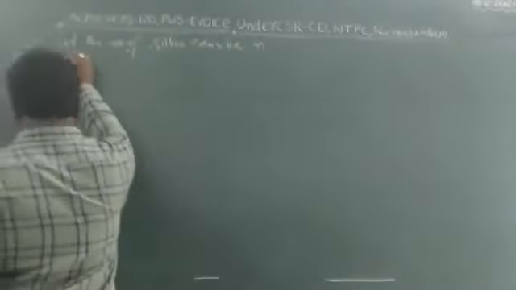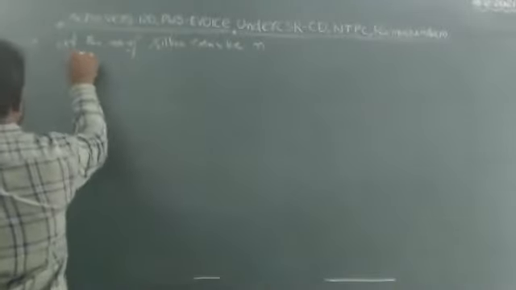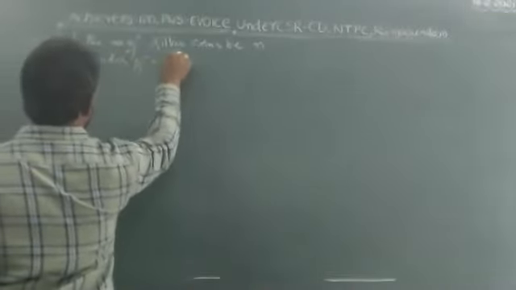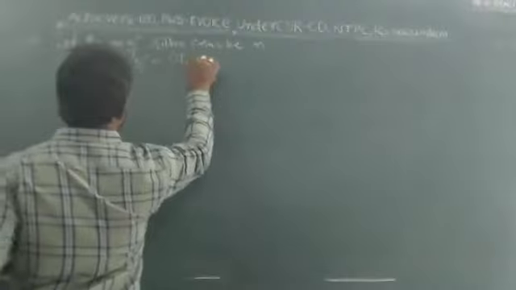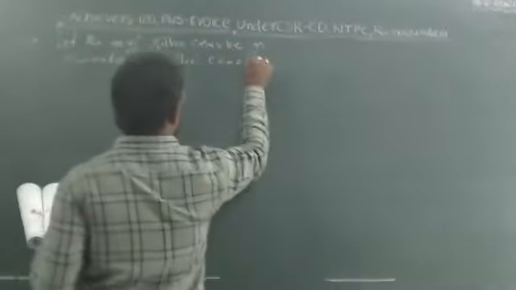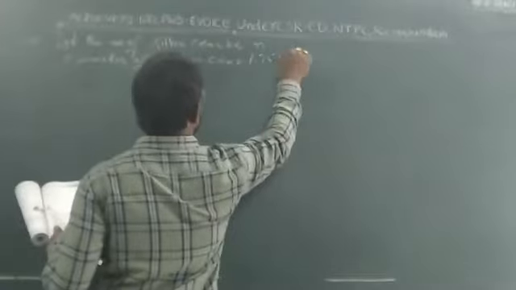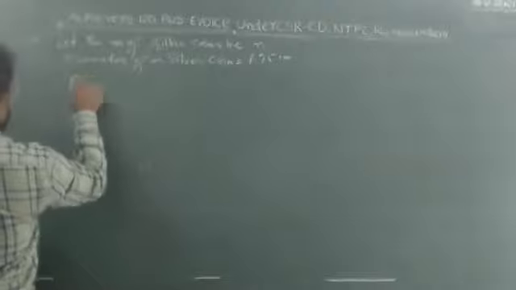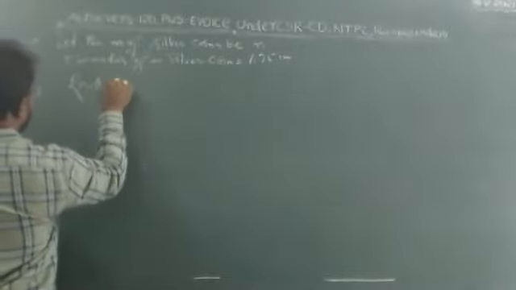Now the diameter is given here. Diameter of silver coin is equal to 1.75 centimeter. How will you convert this into radius?